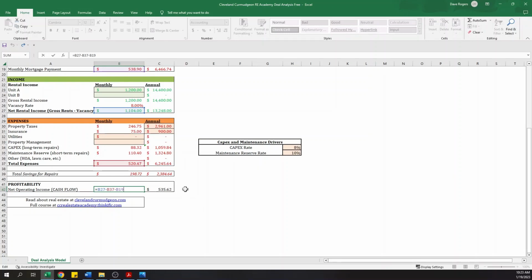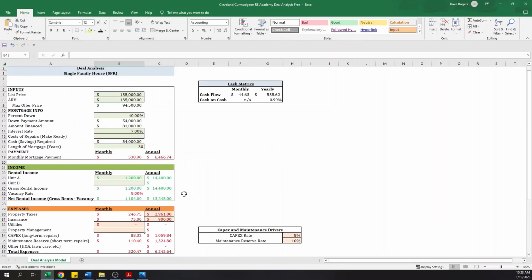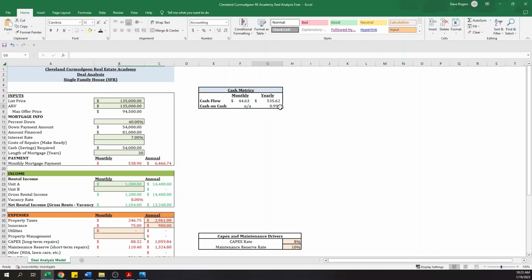So cash flow is just the rental income you're bringing in minus your expenses, and it will include our debt, right? So if we didn't have a mortgage, that would be one thing that we're not taking out, and our cash flow should be higher.